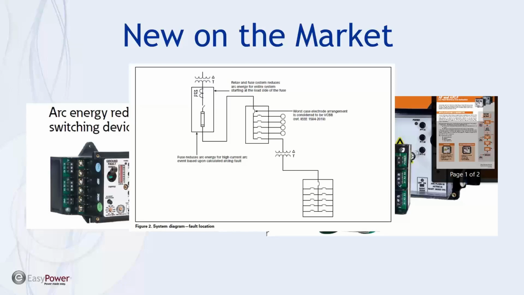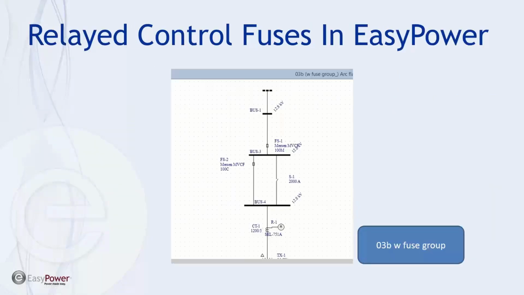So the relay doesn't operate the fuse, it operates the switch in line with the fuse. So maybe my terminology didn't come across correctly. But the point being, the relay is operating the switch, and so the question is, how do you model this in EasyPower?